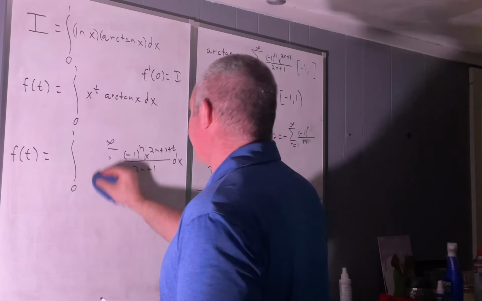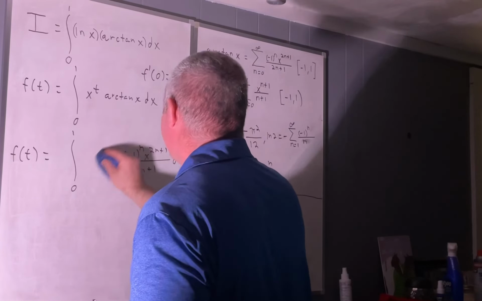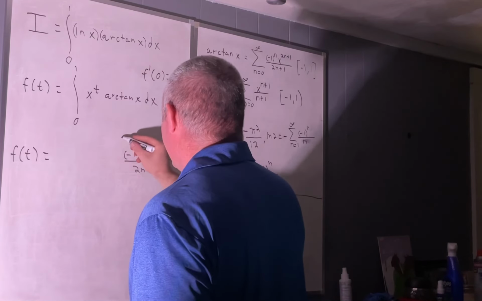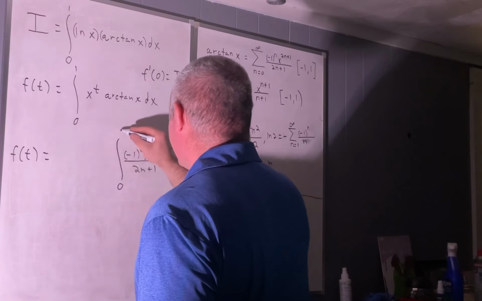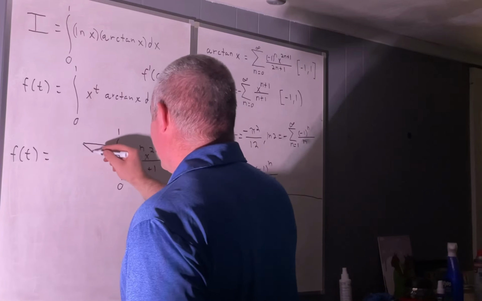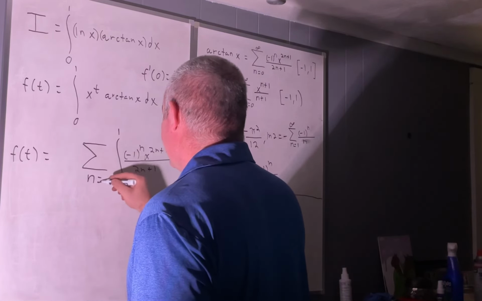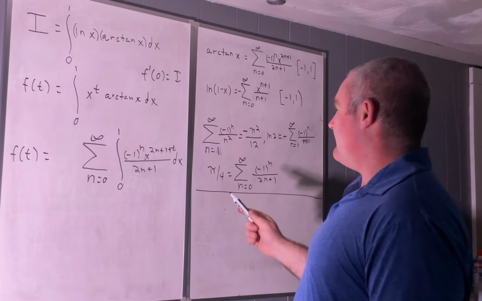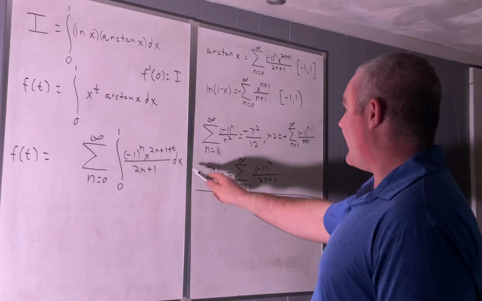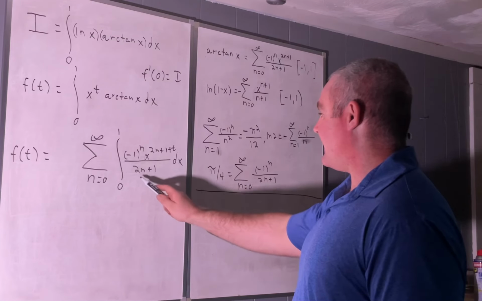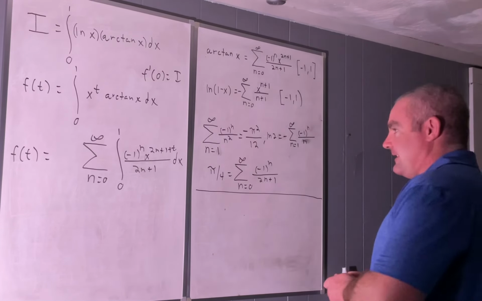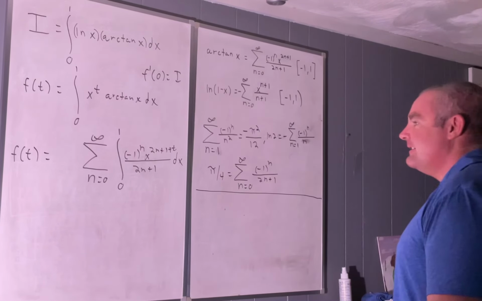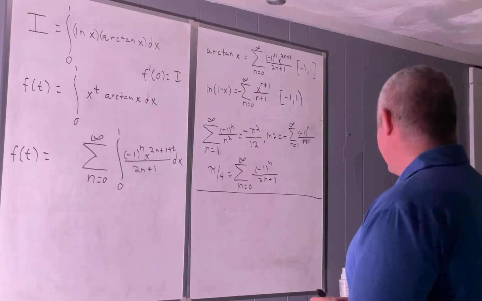And then we will switch our integral and sigma notations. So this will just be the integral from 0 to 1, and then we will have the sum from n equals 0 to infinity. All right. This integral is easy to evaluate. These are constants with respect to x, so all we really need to do is take the antiderivative of x to the 2n plus 1 plus t and evaluate it at the bounds.